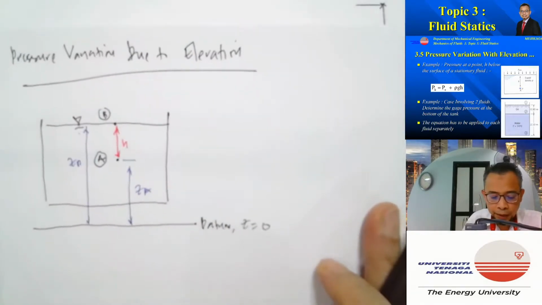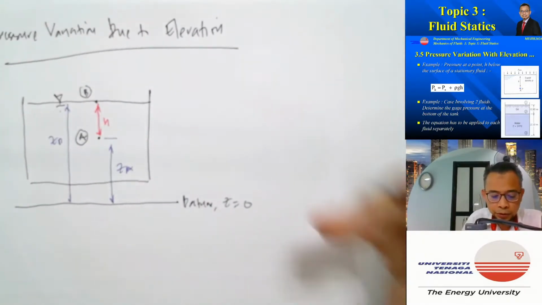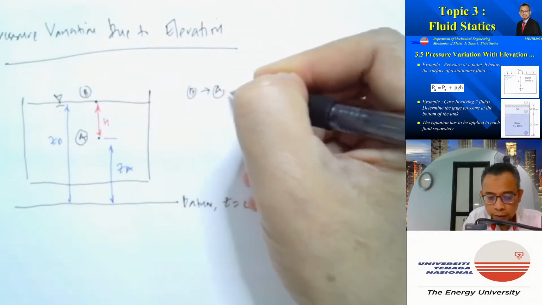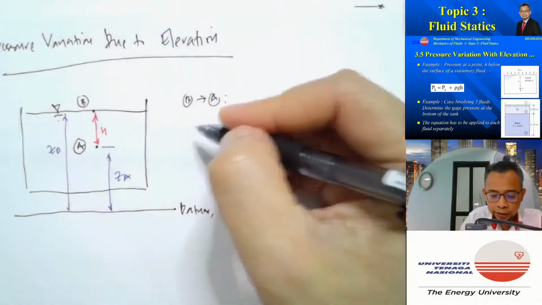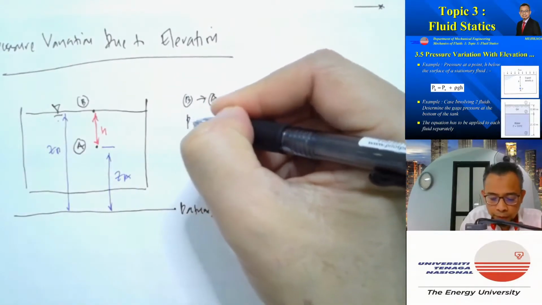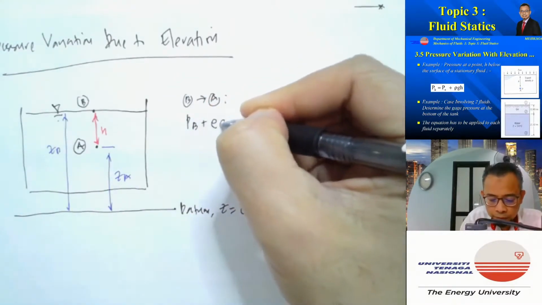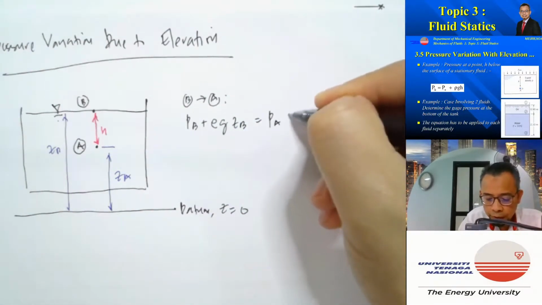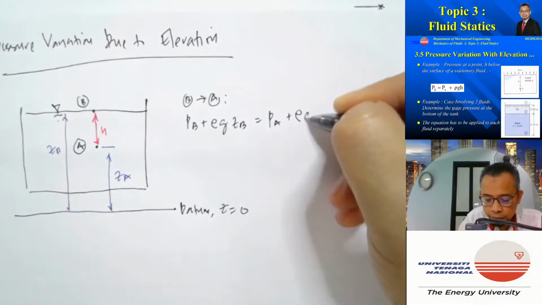If I apply the piezometric equation from, let's say, B to A, I can write PB plus rho g ZB must be equal to PA plus rho g ZA.